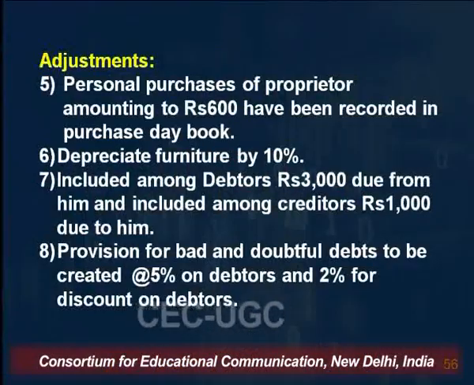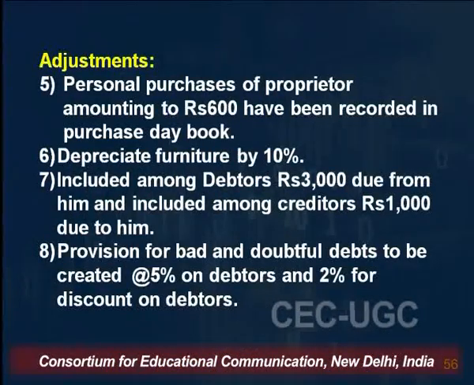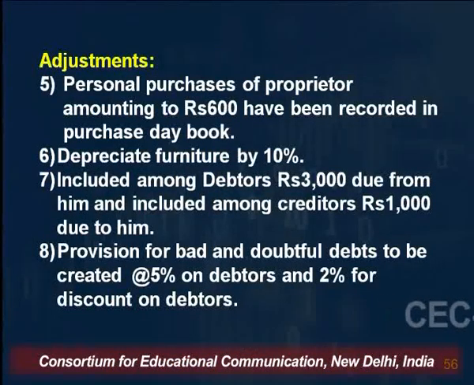The next item is regarding a party included among the debtors, rupees 3,000 due from him, and included among creditors, rupees 1,000 due to him. This is the example of common debt. As I have already explained about common debt, how to treat this common debt: in this case, the adjustment entry would be sundry creditors account debit to sundry debtors account with the minimum of these two amounts, and the minimum of these two amounts is 1,000.